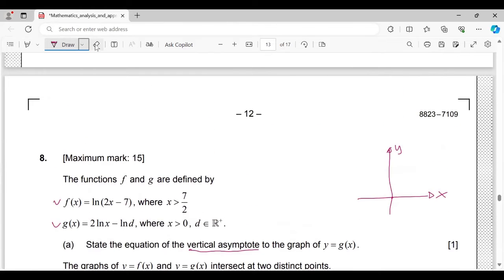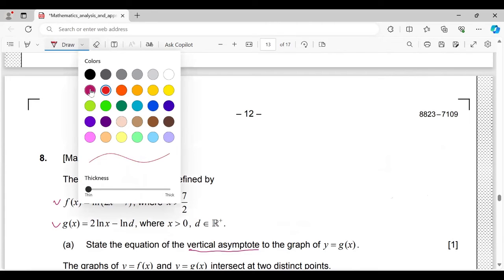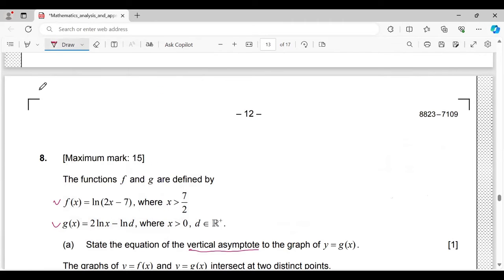Okay, I'm going to write here. fx equals ln 2x minus 7.